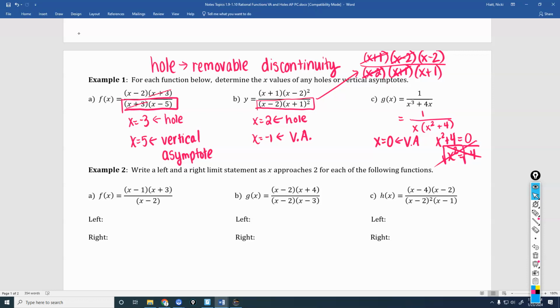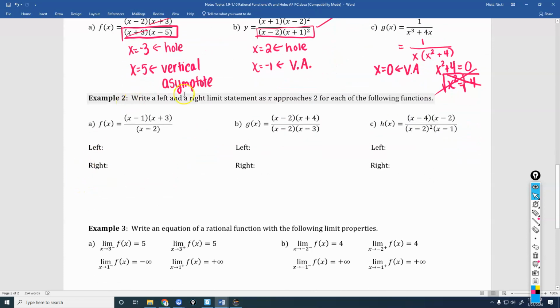Okay, so let's do this. It asks us to write a left and right limit statement as x approaches 2 for each of the following functions. So I'm going to write the limit statement here before I even think about what it would be. So I have limit, and we're looking at x approaches 2.